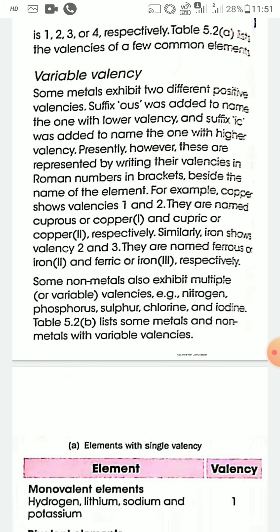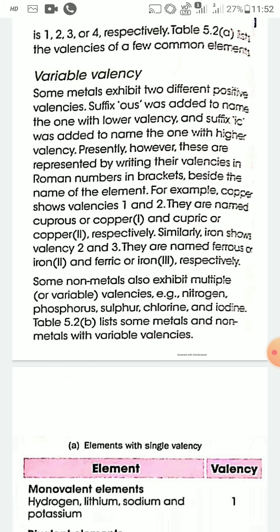For example, copper can exhibit two valencies: one is copper 1, another is copper 2. Similarly, iron can exhibit 2 types of valencies: one is 3 and another is 2, that is Fe2 and Fe3.